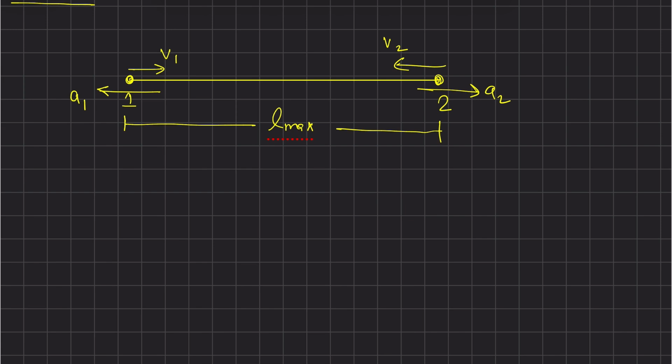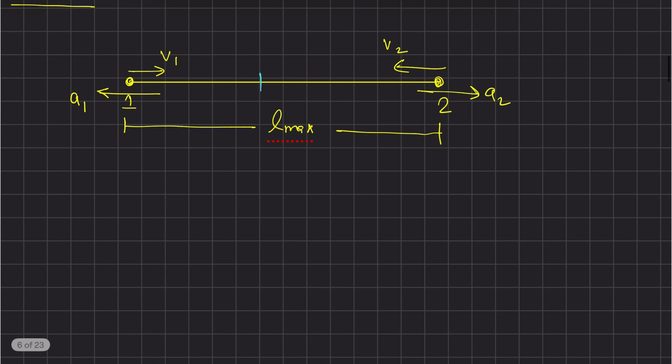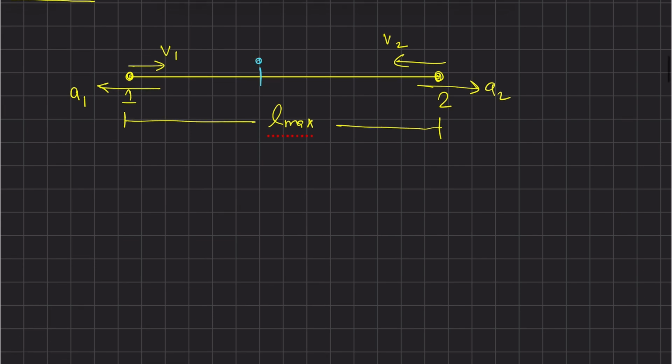Here is what they do. They say that this particle will go some distance and its velocity will become 0 somewhere here, and the other one will also travel some distance and its velocity also will become 0. Let's call these distances s1 and s2. So L max should be equal to s1 plus s2.